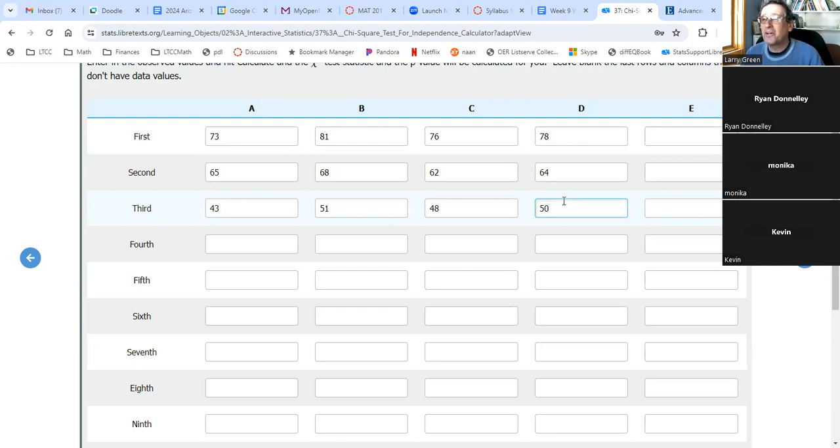So what if both have more than 6? Okay, so here's the deal. There's bad news and good news. The bad news is you can't use this calculator. And you know what the good news is? Any guess?